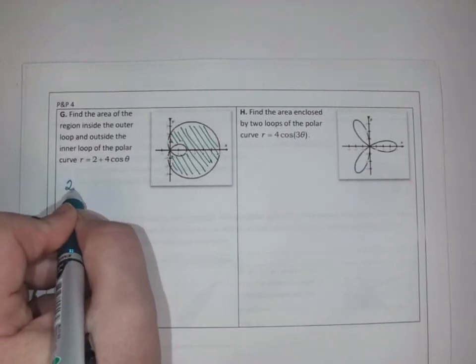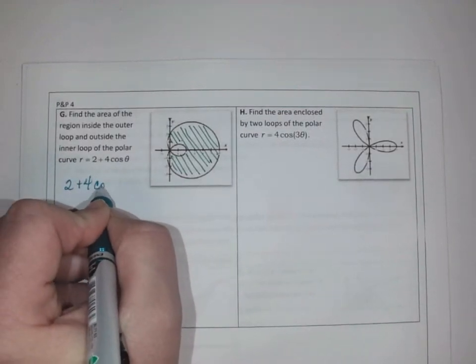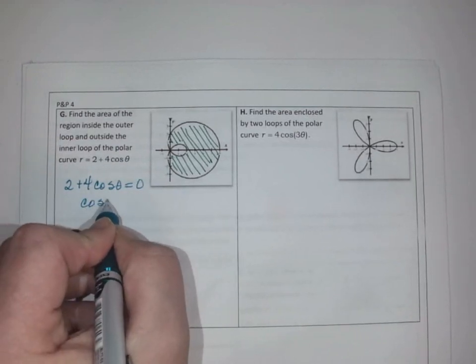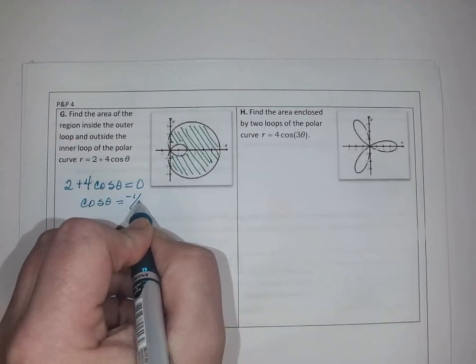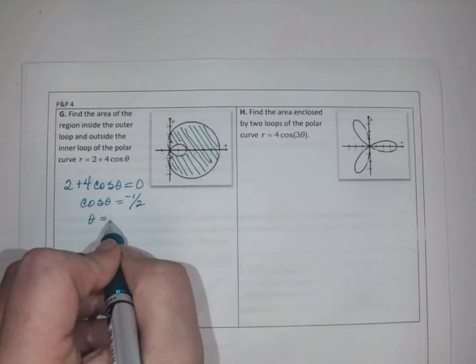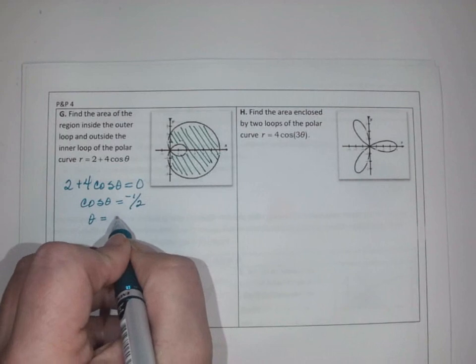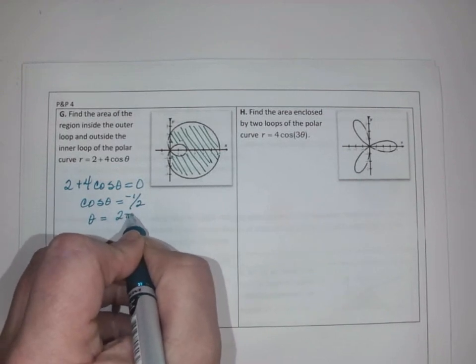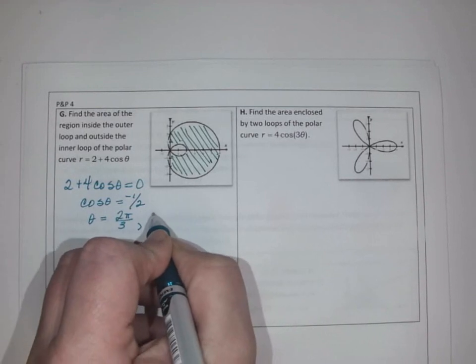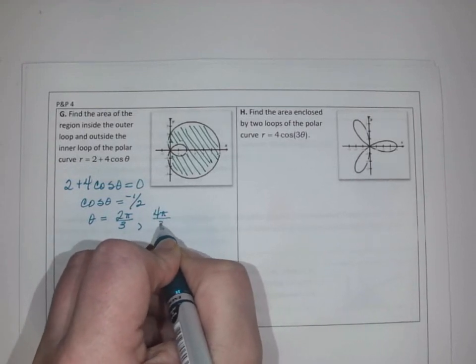So I'm going to take my 2 plus 4 cosine of theta, set it equal to 0. That would be cosine of theta equals -1/2. So theta is equal to, that would be the pi over 3 family, so 2 pi over 3 and 4 pi over 3.